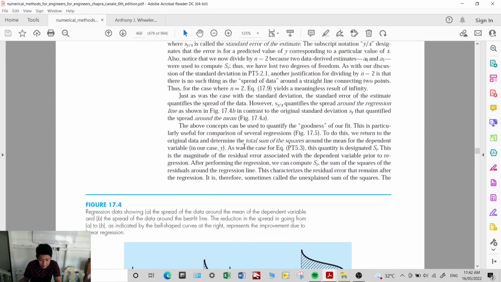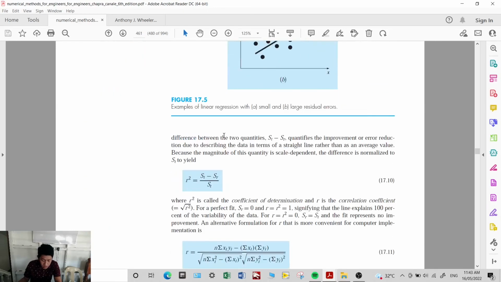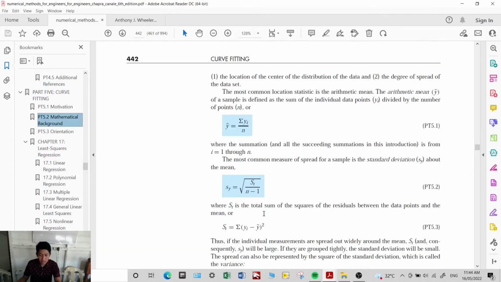And then, to get the coefficient of determination, this r squared, it is st minus sr over st. Now, if you recall, s sub t actually is this one, the sum of the squares of residuals. You can use it if you get the standard deviation.